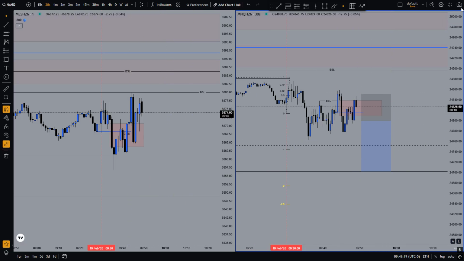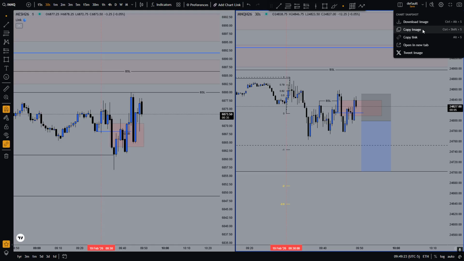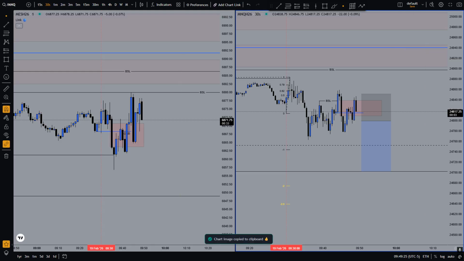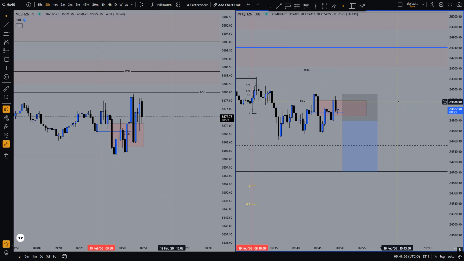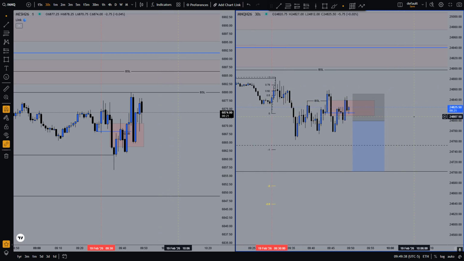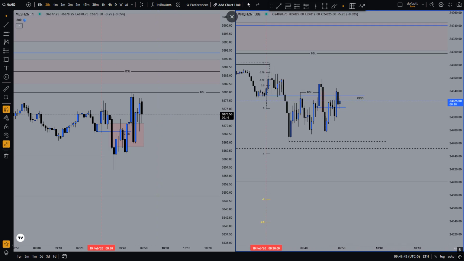So what I usually do, just for my journaling, is I'll take a snapshot here. I'll copy the image, and then I'll go over to my journal on my other screen and paste it in there. So that's really all I do for my journaling. I'll then go all the way back to my other trade.